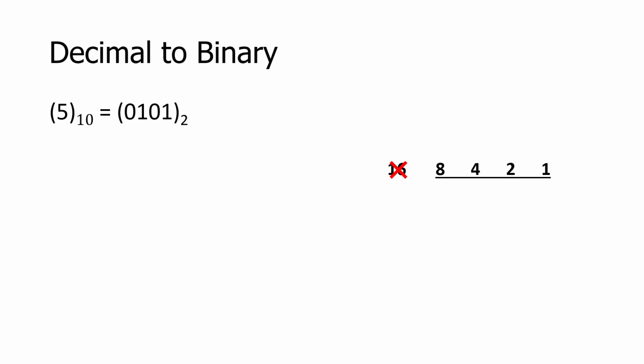I don't need 8, so I'll be placing 0 below that. I'll be using 4. I'll not use 2 because 4 plus 2 is 6, which is greater than 5, so I'll write 0 just below 2. And I'll be using 1. That means 4 plus 1 is 5. So this is how I derive that answer.